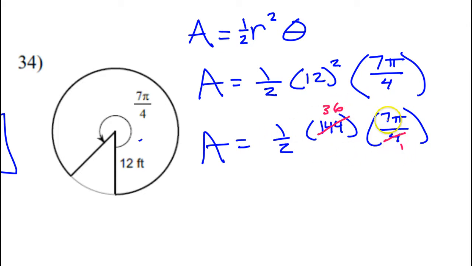So now, what is 7 times 36? That's 252. So what we have is 252 pi over 2.